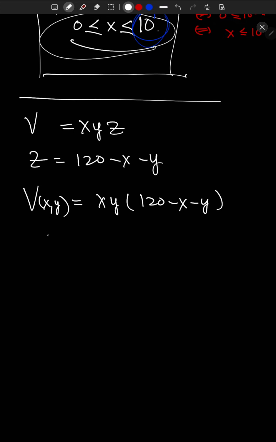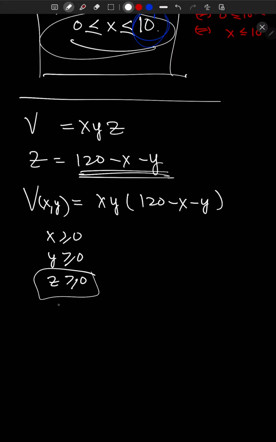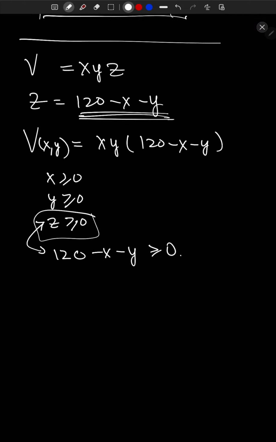And what's our region? Well, we need x bigger than 0, y bigger than 0, because we're building a physical box, right? Z bigger than 0. But this z bigger than 0 tells me that because z is 120 minus x minus y, that means that 120 minus x minus y has to be bigger than 0.